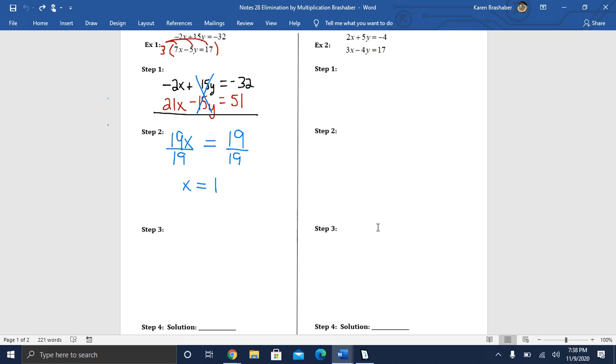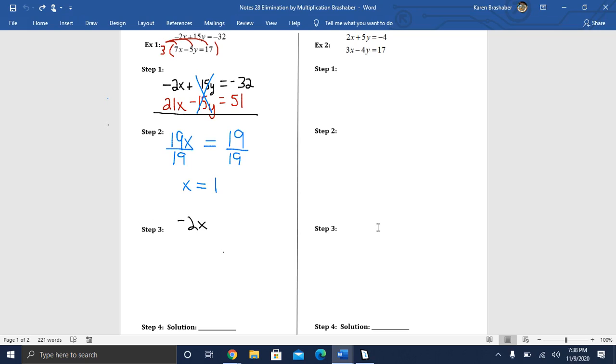It's x equals 1. Now, just like we did in the previous day's lesson, so this should now begin to be review for you, we're going to substitute our value into one of the two equations. So I will substitute into the top one. It does not matter.